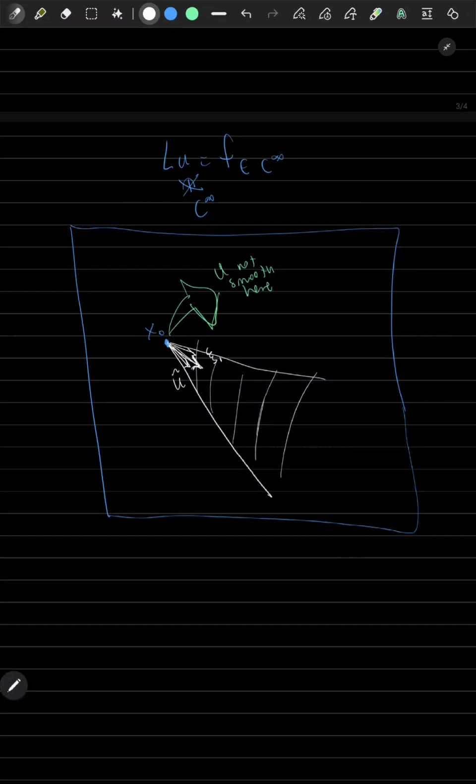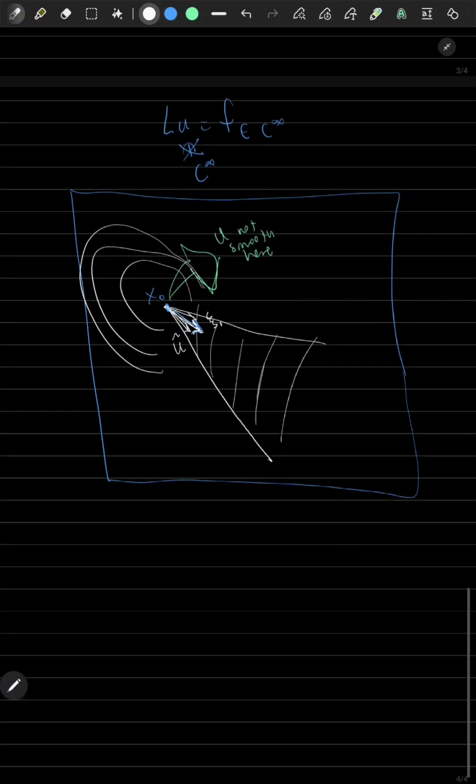So we don't know anything about these other directions here, but we can say that at least for this point and for this direction, if the Fourier transform along neighboring directions decays as fast as possible, then U is smooth locally, and we call this microlocally.